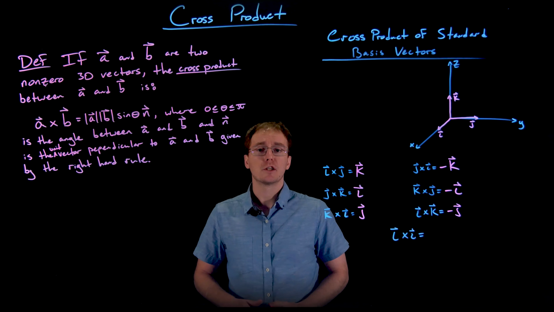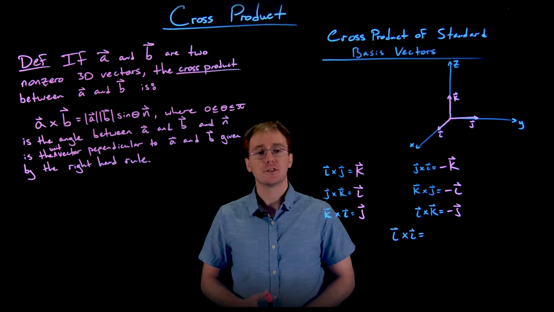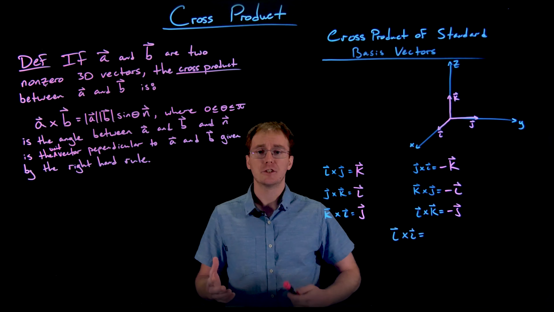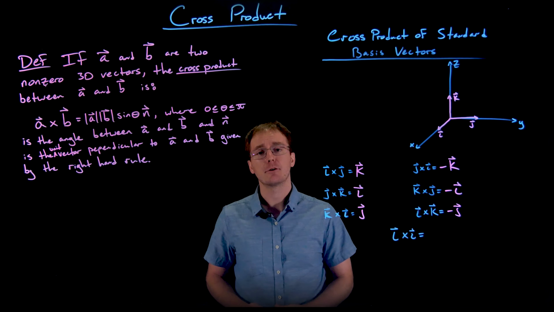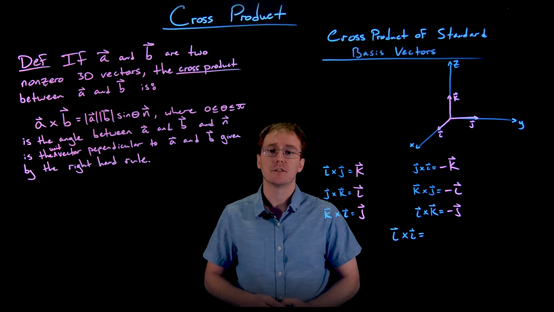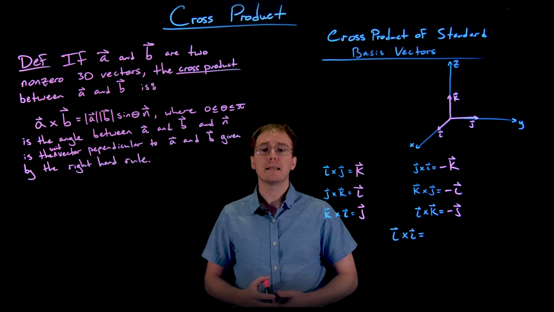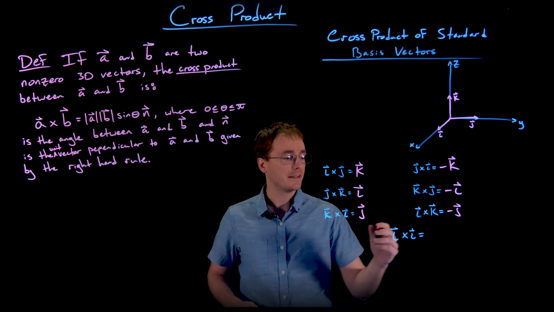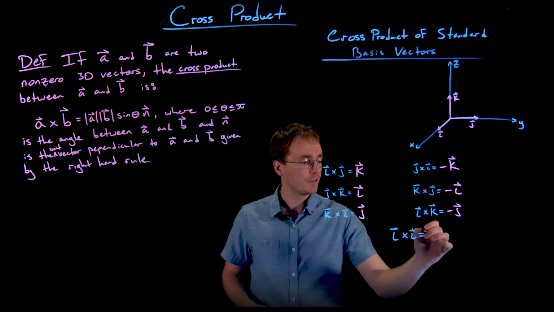So one vector cross product combination for our standard basis vectors that we did not include in our original list of 6 is I cross I, or J cross J, or K cross K. And it's actually important to know what happens in this situation as well. Whenever we take the cross product between a vector and itself, we don't get 0, but we get the 0 vector.